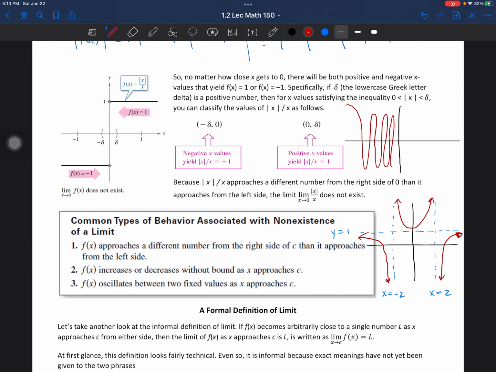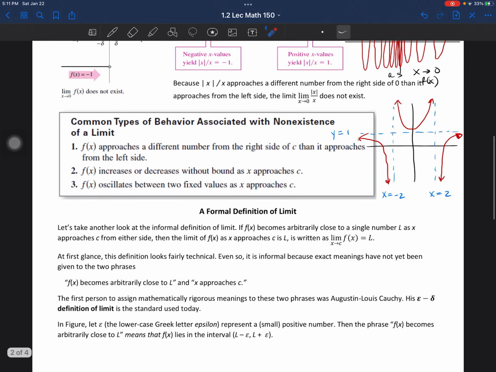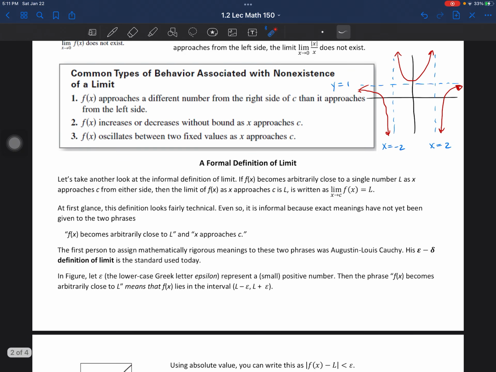And then it goes like this, and it gets closer and closer, and then it starts getting bigger and open, like that. So what happens here is that as x approaches 0, the value of the function is inconclusive, right? Because it could have gone to either this value or that value, so it was going up or it was going down. That would be the third case, known as f of x oscillates between two fixed values as x approaches c.